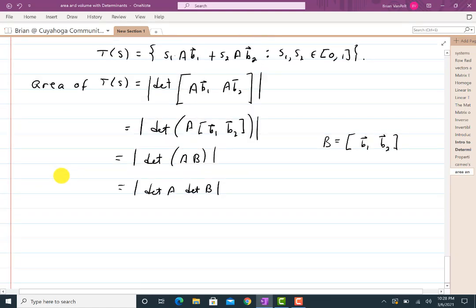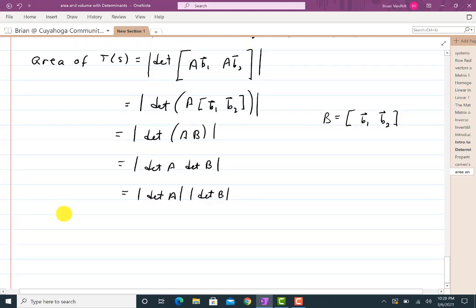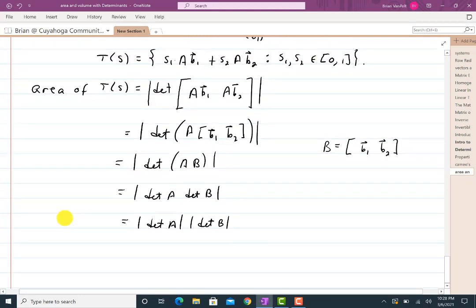Absolute value, you certainly are allowed to break those up too. And so there's the determinant of A. The determinant of B, well, the original matrix was B actually. So this equals the absolute value of the determinant of A times the area of S.